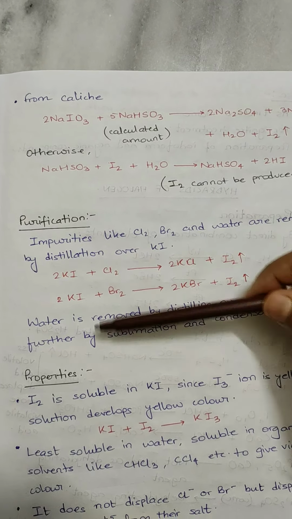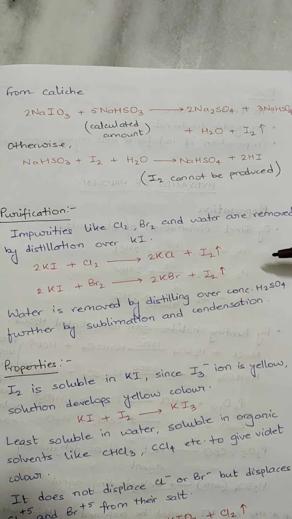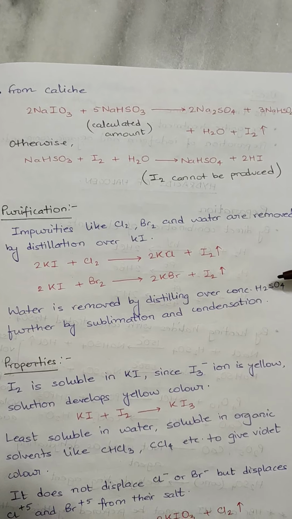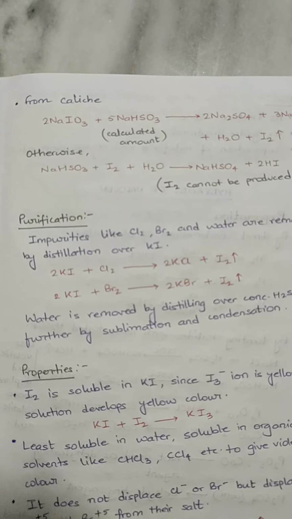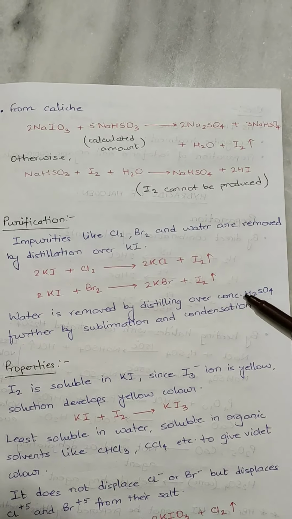KI reacting with Br2, you get KBr along with liberation of iodine. And this impurity of water is removed by distillation over concentrated sulfuric acid, because sulfuric acid is a good dehydrating agent, and then you sublime and condense the iodine vapor that is remaining in the medium.